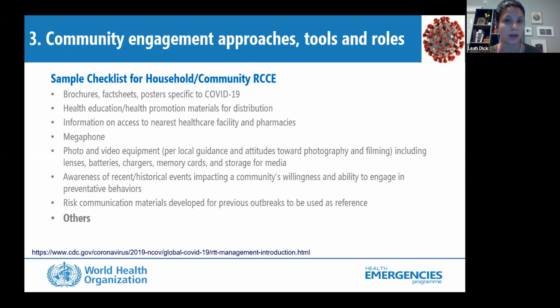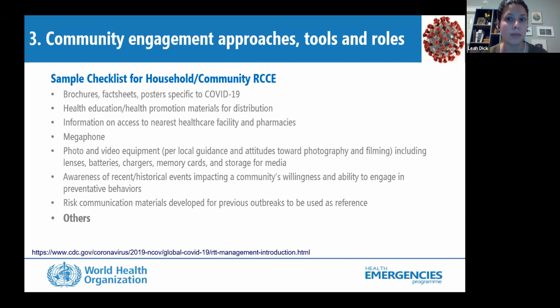This is something that's incredibly important. Like I said, the community has existed before you were there. They will exist after you leave. And having that awareness of those dynamics, whether you're researching it yourself or getting that information before you come to community, hopefully in a pre-deployment briefing, that's incredibly important.